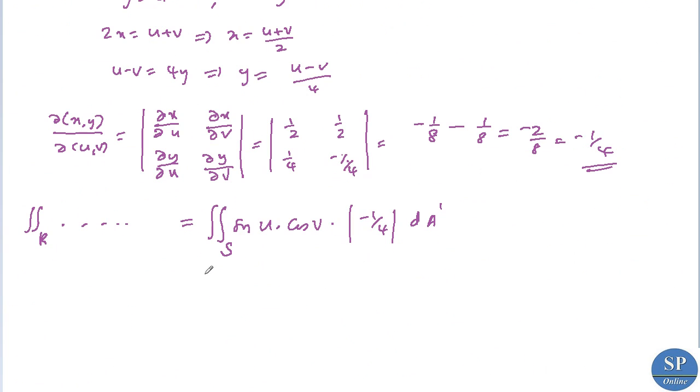So this is equal to 1 by 4 into the integral of sin u cos v dv du. Here we need to write the limits of u and v.